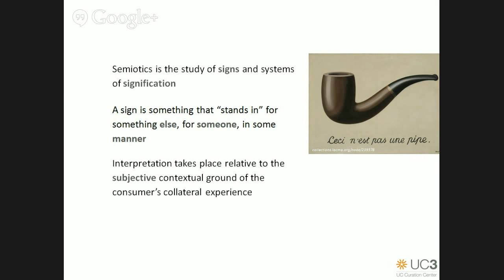So once again, it's very important that one of the key semiotic principles is that an interpretation of a sign always takes place relative to the subjective contextual ground of the consumer's collateral experience, external to the sign itself. In signs, just as in digital objects, context really is everything.